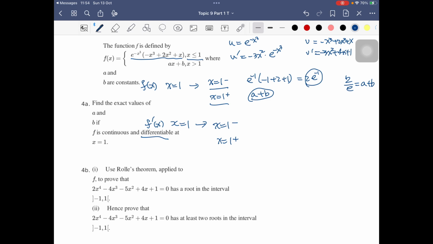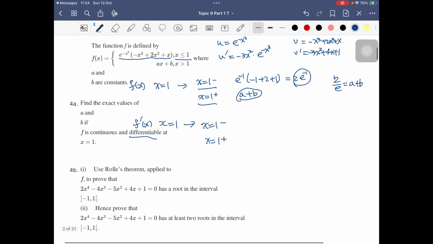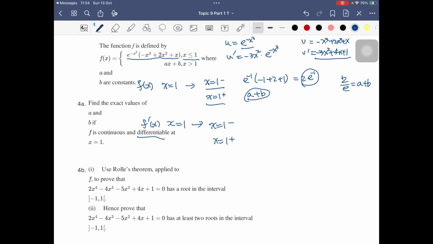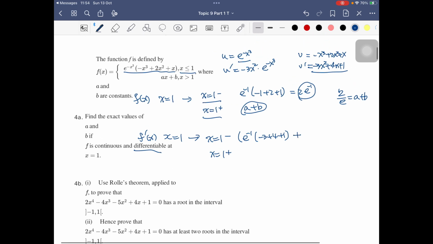So on the left side, let me put 1 as I write it down. So e to the negative 1 times (negative 3 plus 4 plus 1), plus negative 3 e to the negative 1 times negative 1 plus 1.